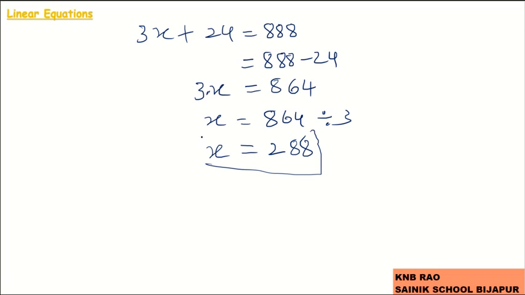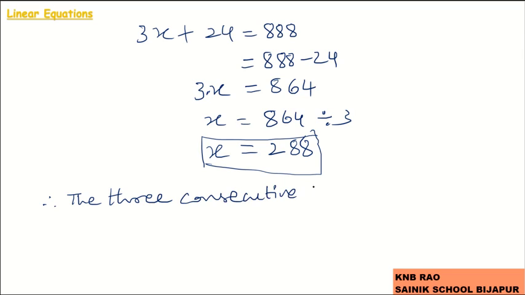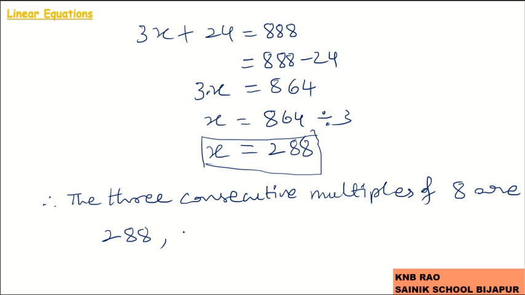The moment you get the value of x, the 3 consecutive multiples of 8 are: first number 288, 8 more than that is 296, and 8 more than 296 is 304. So this is how we solve this question.